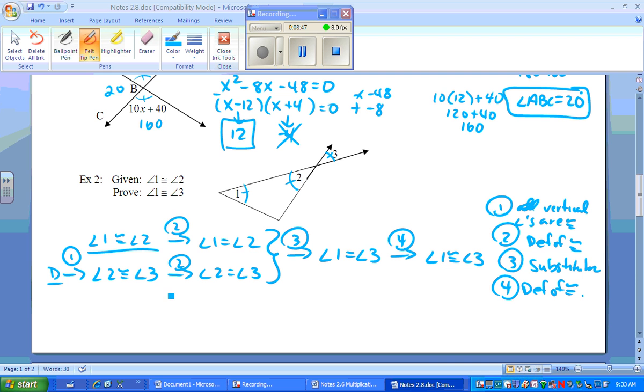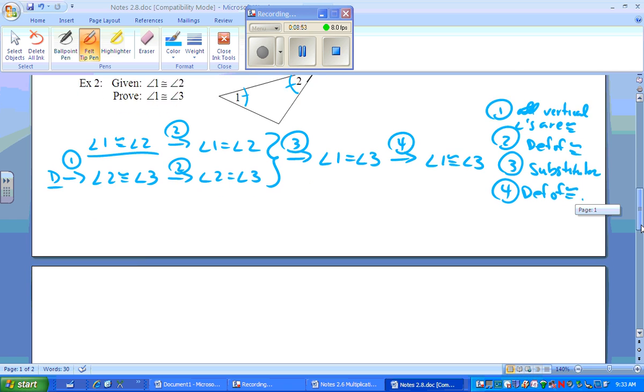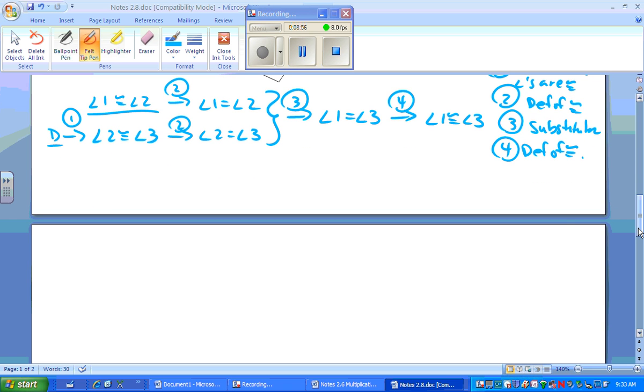Now, are you getting tired of going from congruent to equals, using substitution, and then back to congruent? I know I am. So in this section in the book, they also talk about this idea called transitive. It is similar to substitution.